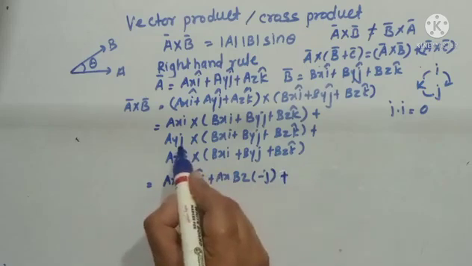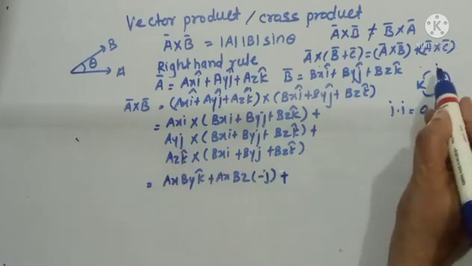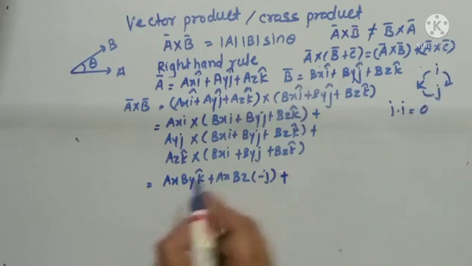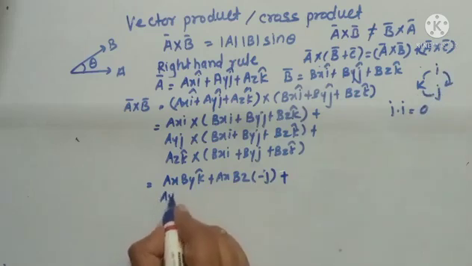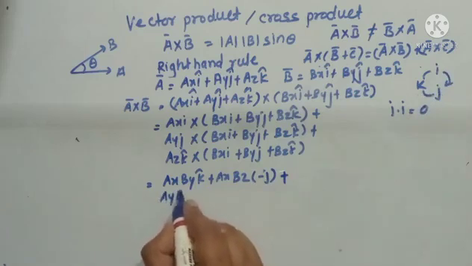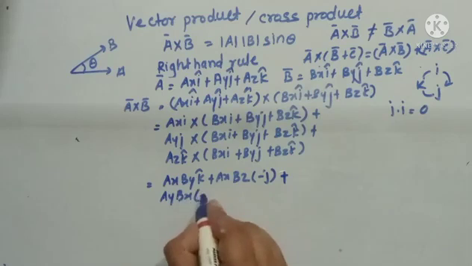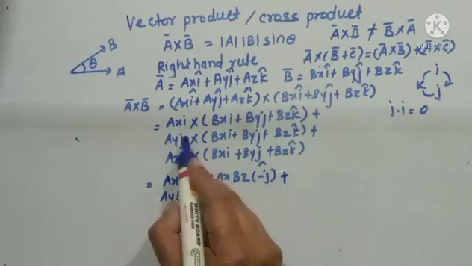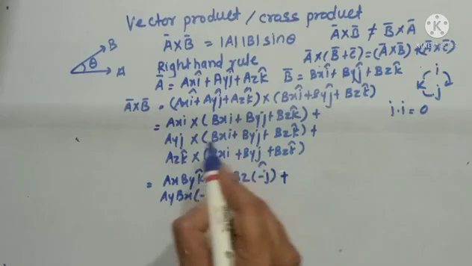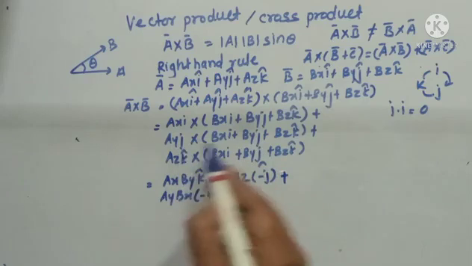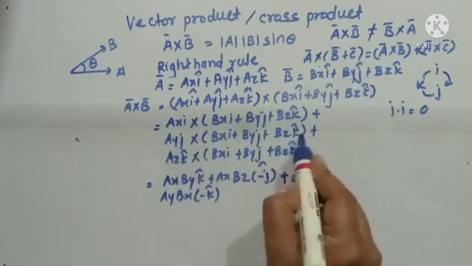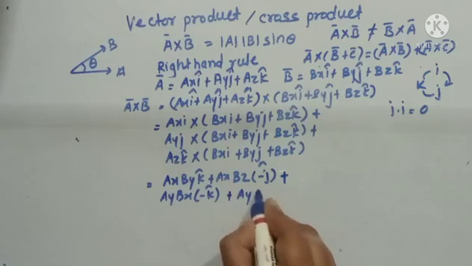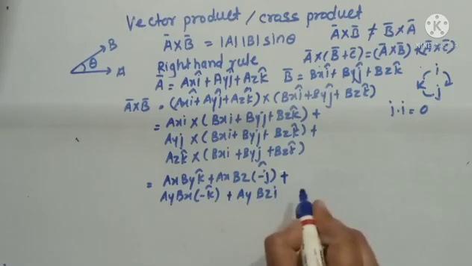Plus, this is j cross i, as I am going anti-clockwise, it will give me minus k, so this is ay bx into minus k. j cross j will be 0. So j cross k will be i, plus ay bz i.